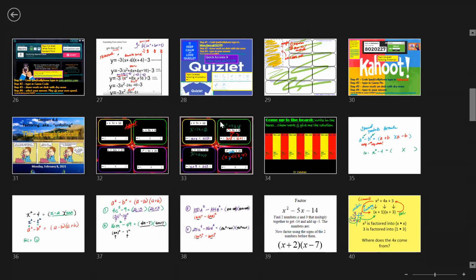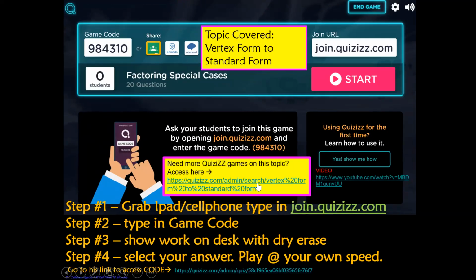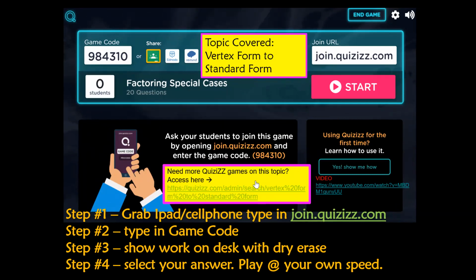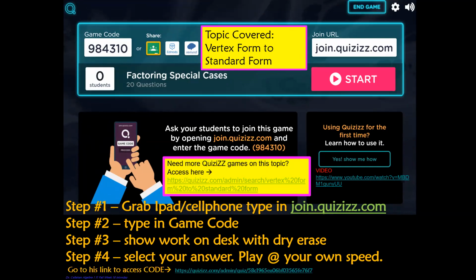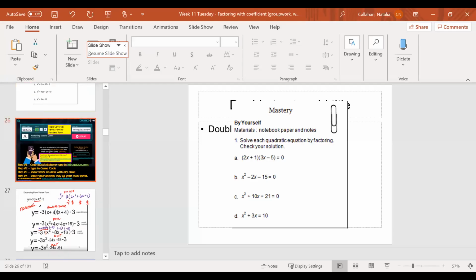All right, so then we're going to talk about some of the stuff we're going to talk about today, which is from vertex form to standard form. Give me 1 second while I go ahead and set this up.